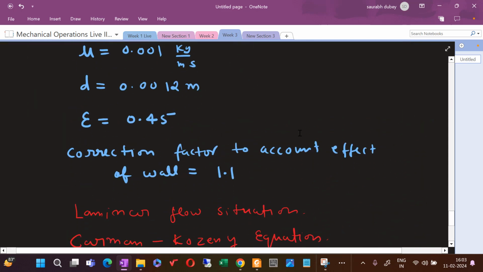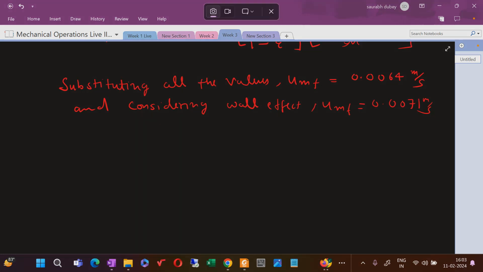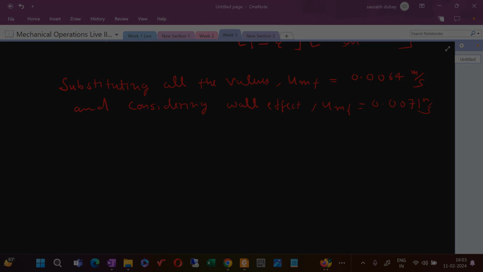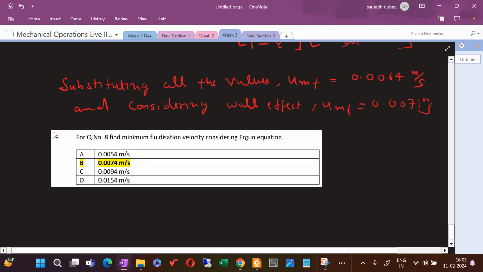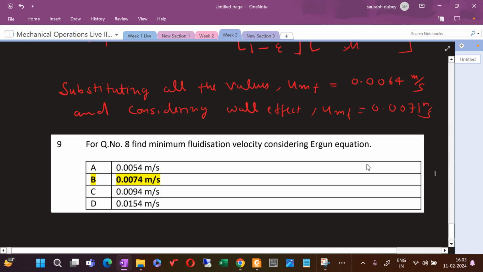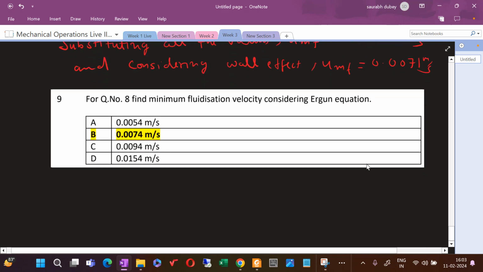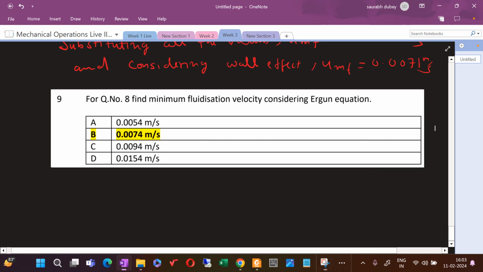So the next problem that we are going to solve is related to the above question number 8 only: find the minimum fluidization velocity considering the Ergun equation. There you considered the Karman-Kozeny equation.